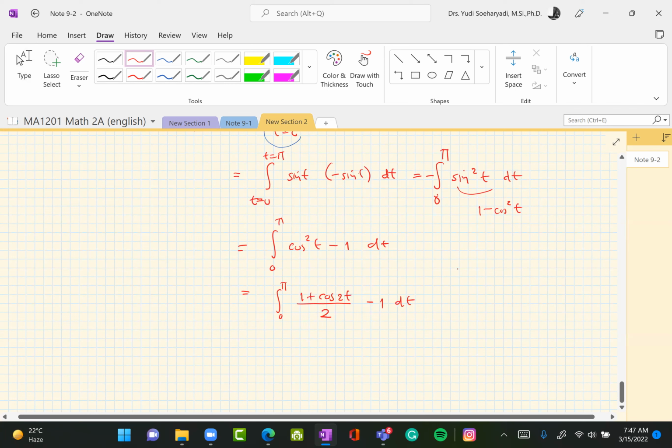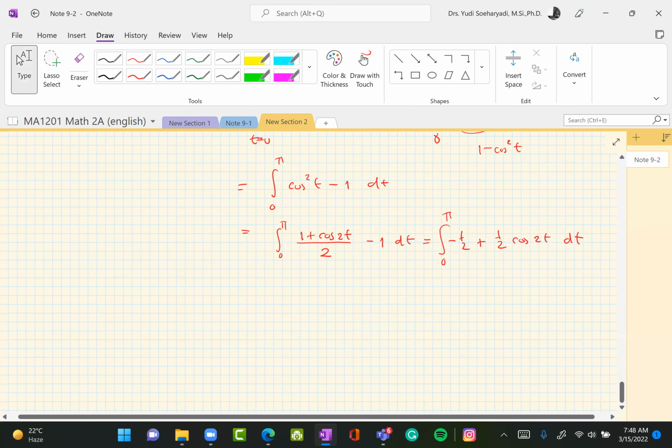So it is the integral from 0 to pi of negative 1/2 plus 1/2 cosine 2t dt. All right.